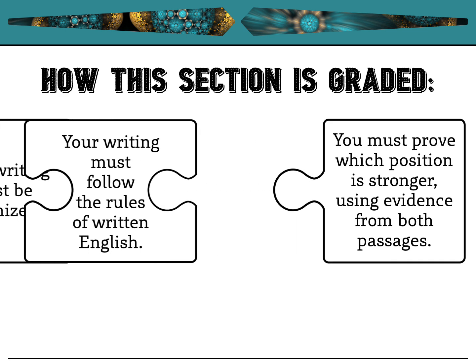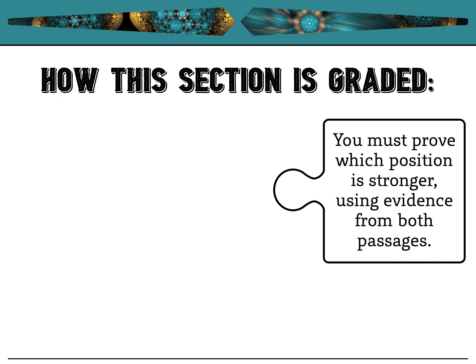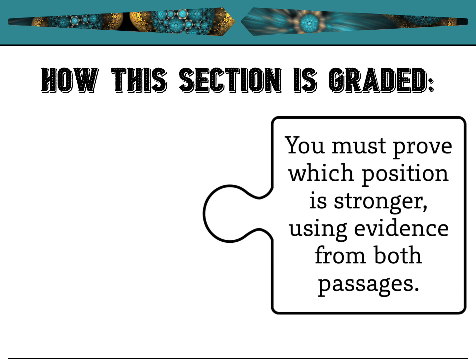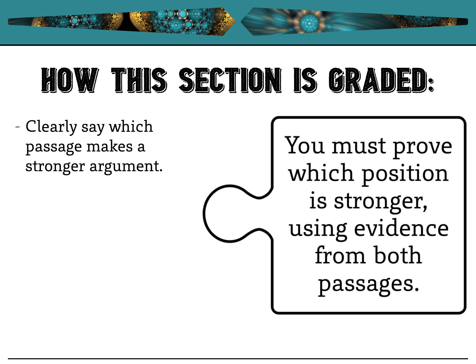Finally, they want you to prove which position is stronger using evidence from both passages. So what does that look like? Well, you need to clearly say which passage makes a stronger argument. And you can do that by literally writing, passage number 1 makes the stronger argument, or passage number 2 is better argued than passage number 1.